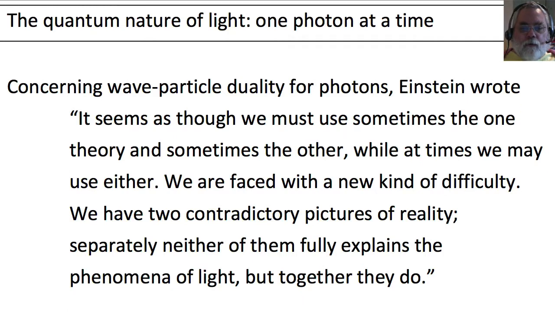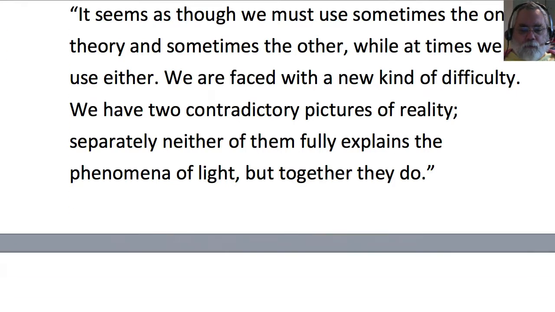Concerning wave-particle duality for photons, Einstein wrote, "It seems as though we must use sometimes the one theory and sometimes the other, while at times we may use either. We're faced with a new kind of difficulty. We have 2 contradictory pictures of reality. Separately, neither of them fully explains the phenomena of light, but together they do."